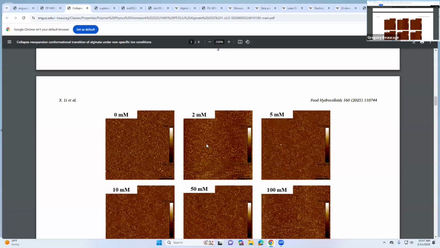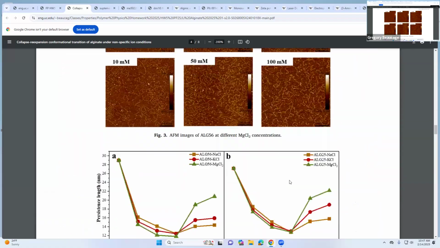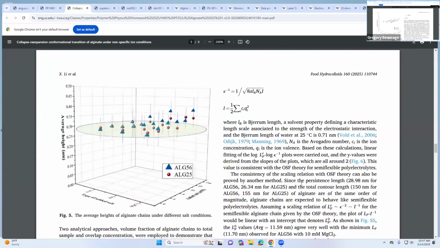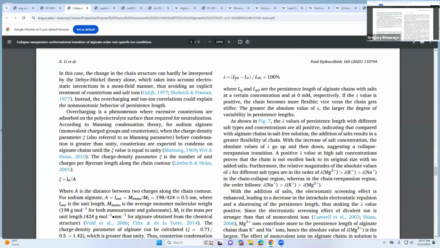So he uses the argument that they have different behavior, like the lambdas are different. The lambda is a number that he comes up with. It might be in the field for all I know, but basically he has the persistence length, LP and LP0, the persistence length of alginate chains with salts at 0 millimolar.